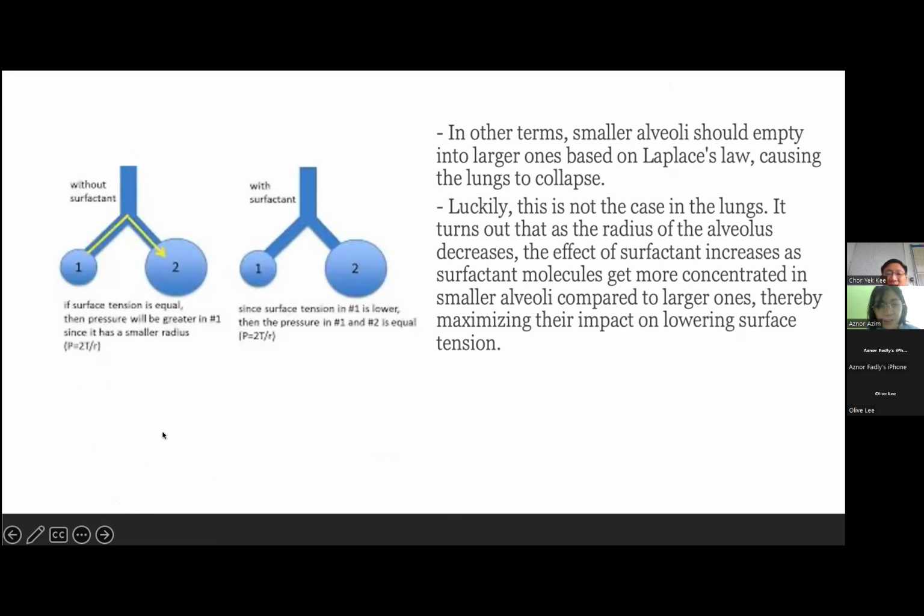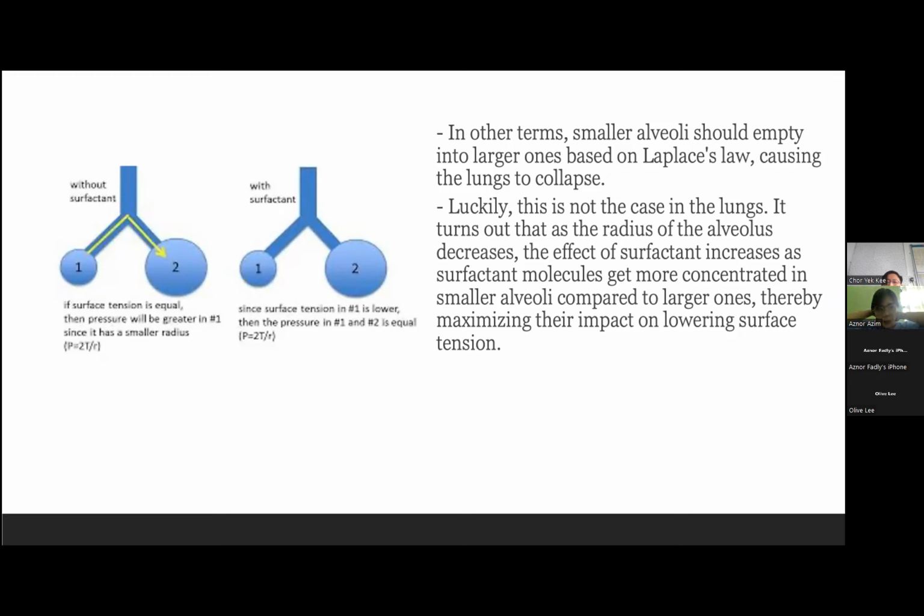So just now I was talking about the Laplace law, where it tells us that pressure goes from higher to lower, and the pressure is inversely proportional to our radius if the surface tension is the same. But this doesn't happen in the normal lung because we have surfactant.